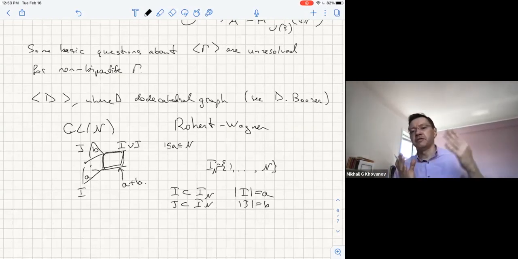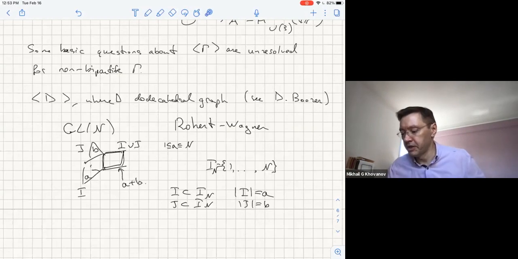So you kind of have the colors flowing from thinner facets into bigger facets. And the coloring is determined by what it does on the thinner facets.